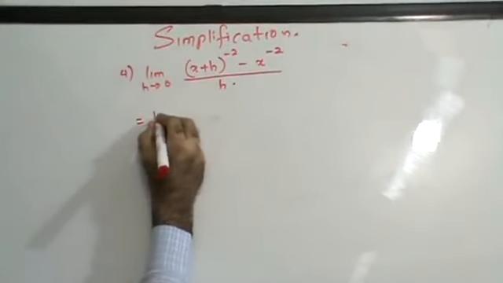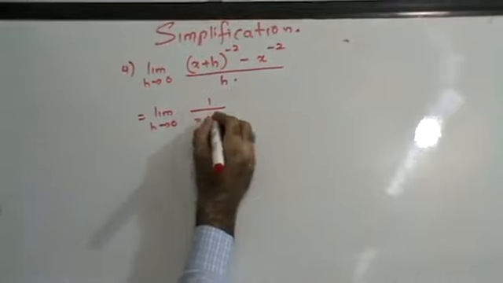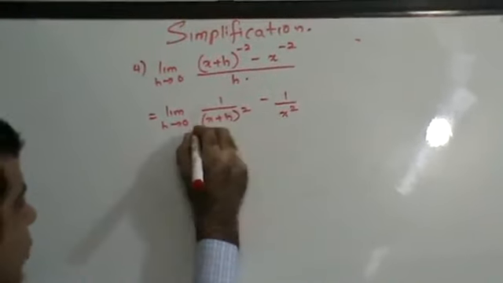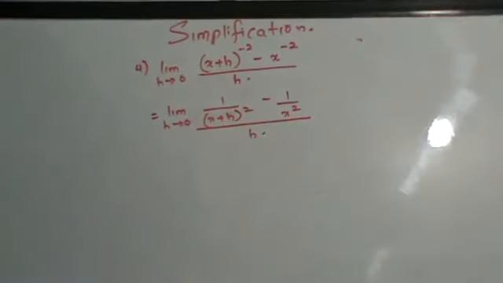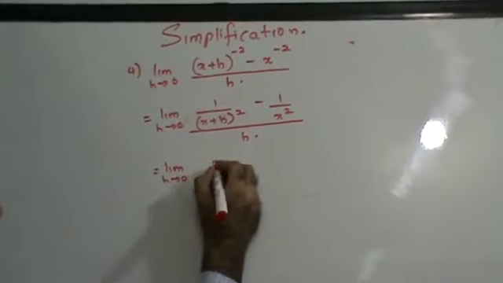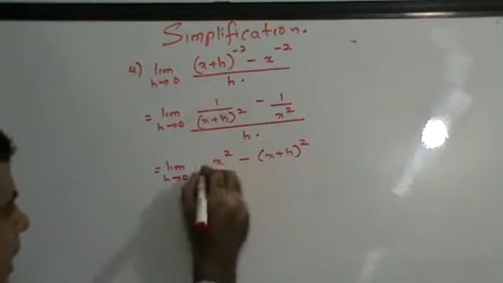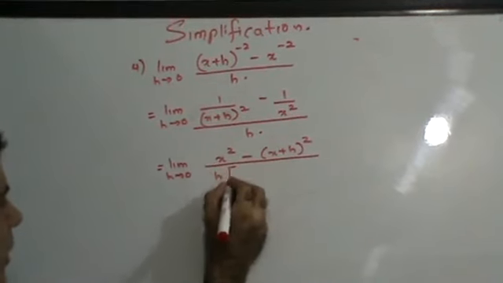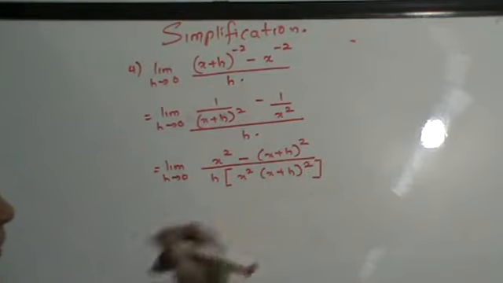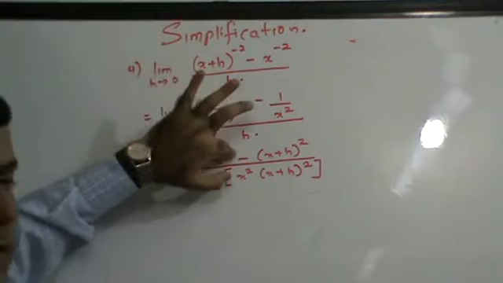So this can be written as limit of h tends to 0, 1 upon x plus h the whole square minus 1 upon x square, upon h. Taking the LCM, limit of h tends to 0, x square minus x plus h the whole square upon h into x square into x plus h the whole square. I have taken the LCM and taken the common denominator down.